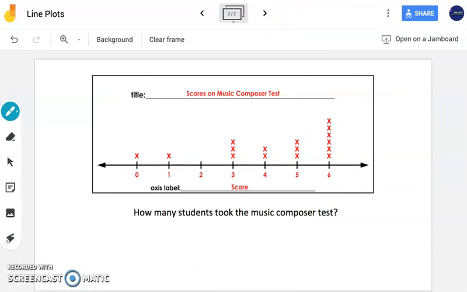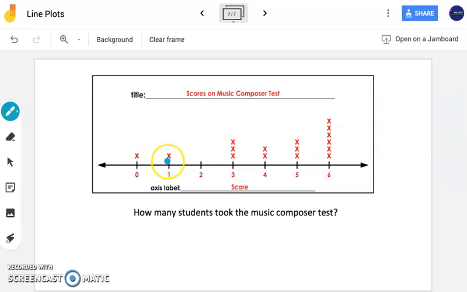And my final question says, how many students took the music composer test? Now, to determine how many students took this test, your goal is to look at how many pieces of data you have, because each data point represents one student. So every X is one student. So we need to count all the X's that I see on this line plot.